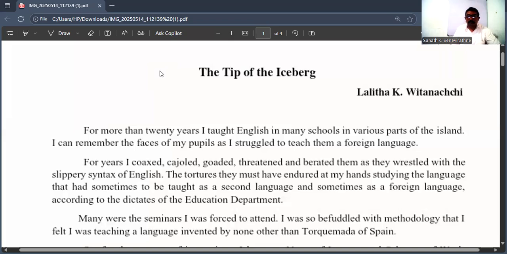Easy task for her. Yes. Next, the narrator. Writer is the narrator here. Narrator means one who tells the story, you know it. Narrator tells that for years, she coaxed, C-O-A-X-E-D, coaxed.